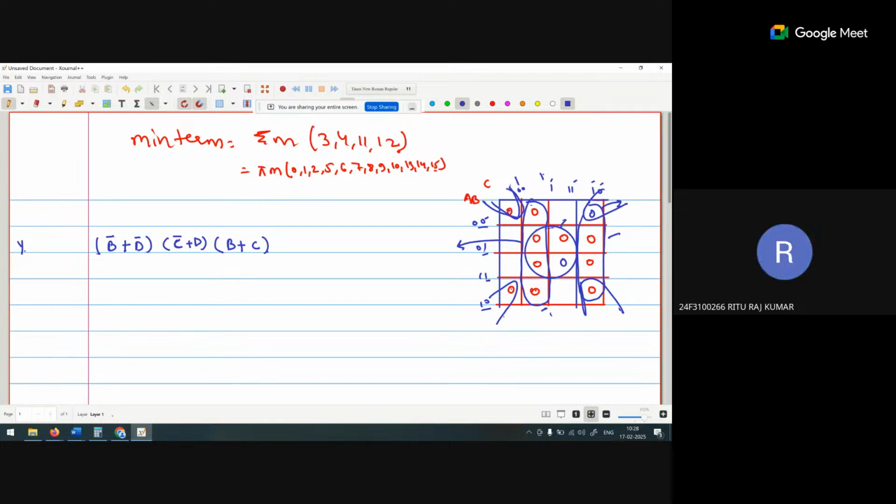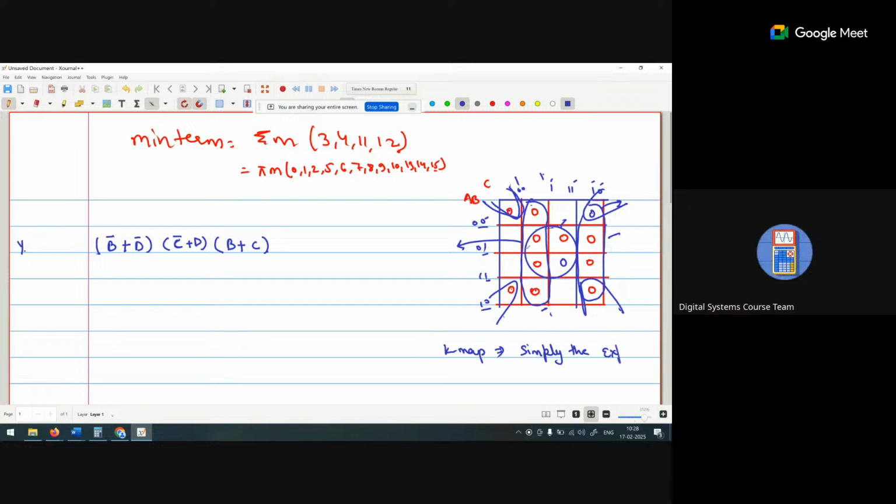But sir, suppose all the max terms are covered in that, but with four groups. Okay, sir, we have to create the minimum number of groups. Yes, minimum number of groups, because what is the basic purpose of the K-map? To simplify the expression.